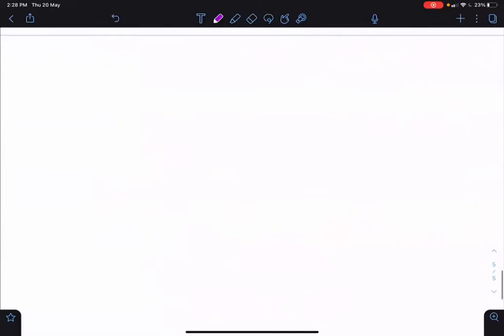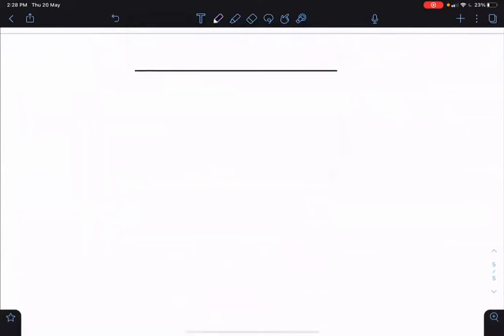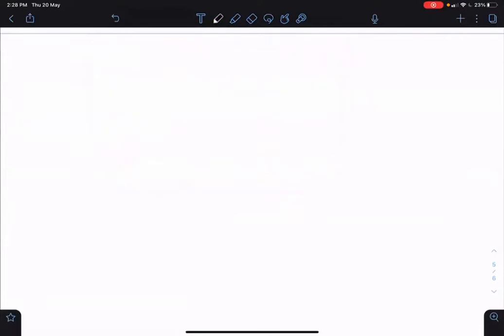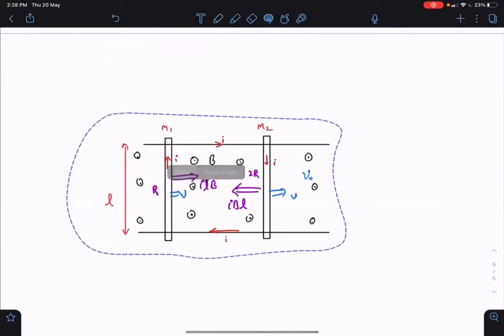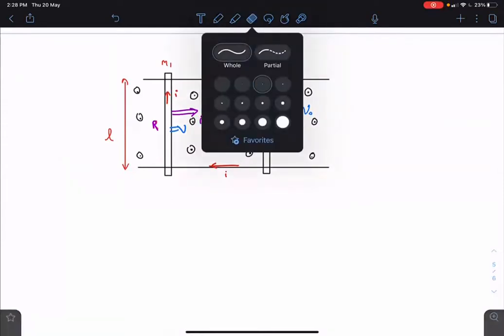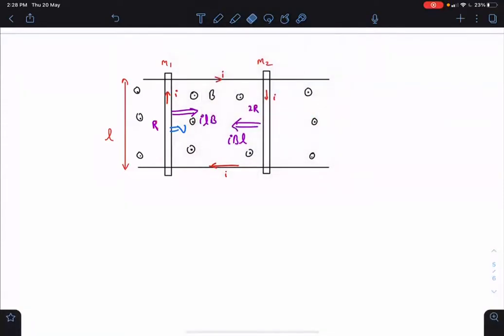So this was case number 1 in two rods. Let's talk about another one. So here we have a rail road system. Now this time, instead of giving a velocity, let's say we start applying a constant force.